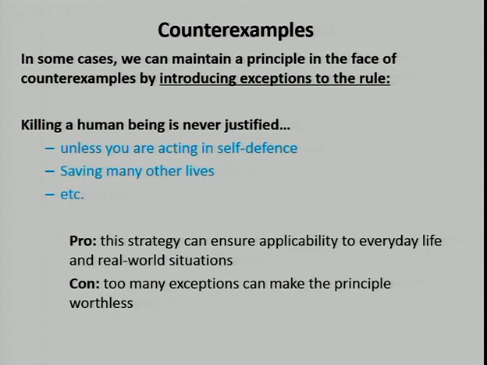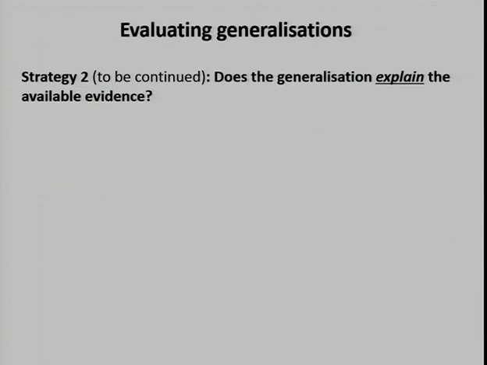Strategy 2 for evaluating generalizations is going to be a little bit different, because strategy 2 is going to look at the explanatory relationship between the evidence that has been observed and the generalization. And so, have people heard of inference to the best explanation?